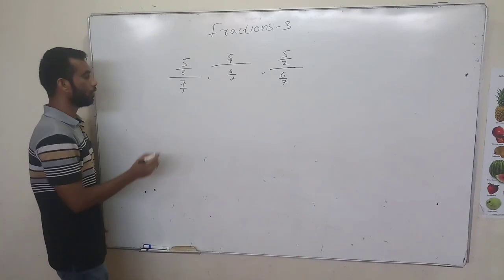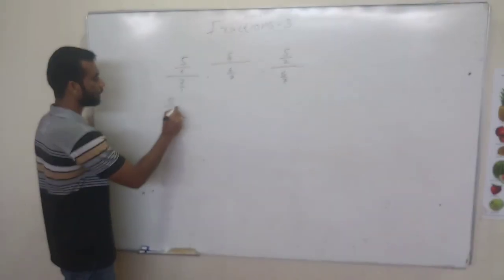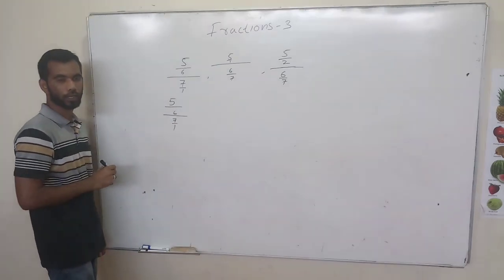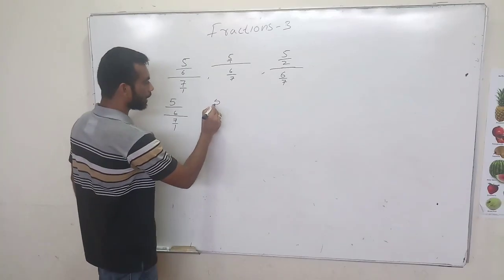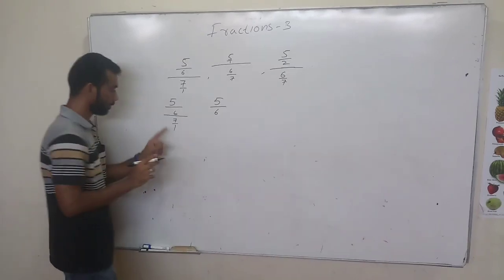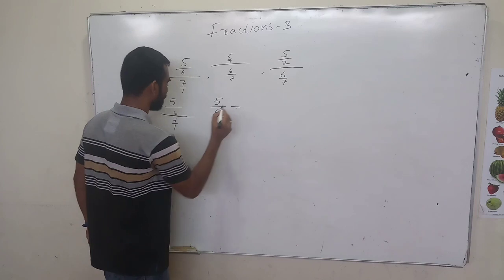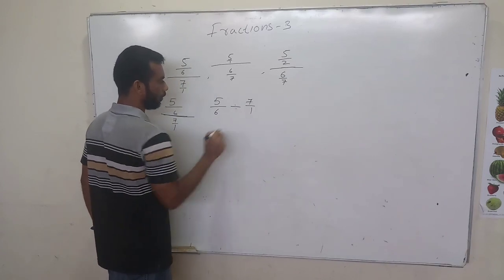Now, how to convert this one? 5 by 6 divided by 7 by 1. It can be written as 5 by 6 divided by 7 by 1.